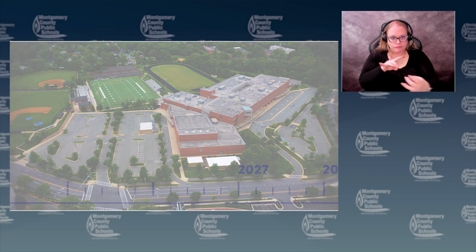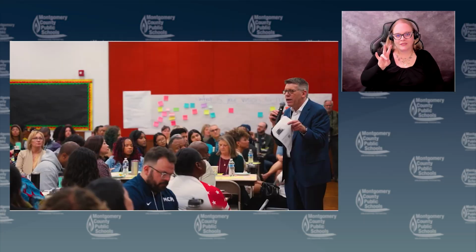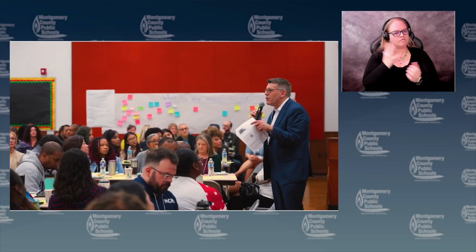The rollout won't happen until 2027, and we are committed to using this time to listen and adjust. At the end of the day, this is about removing barriers and ensuring opportunity isn't based on zip code or luck. It's about reducing scarcity, opening doors even wider, and unleashing the potential of every student. That's the commitment, and it's the right thing to do.